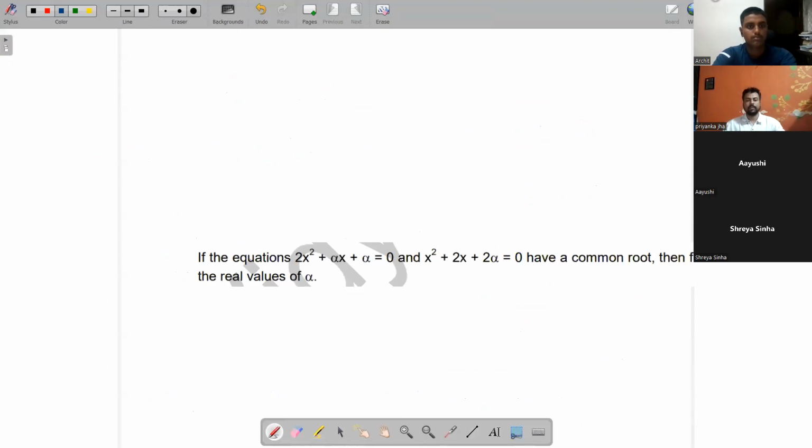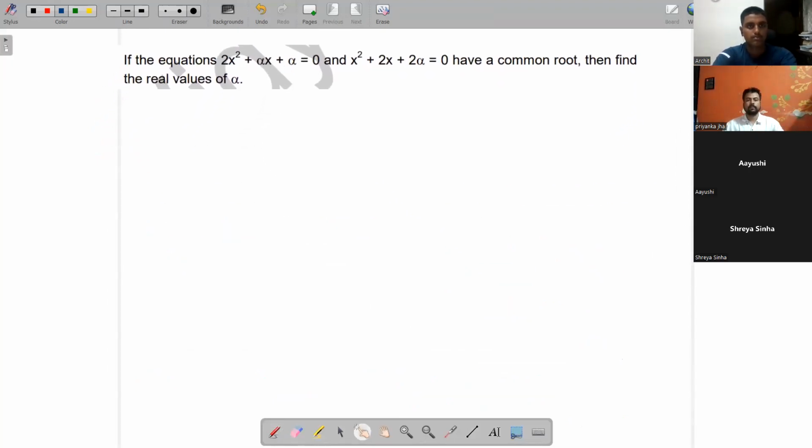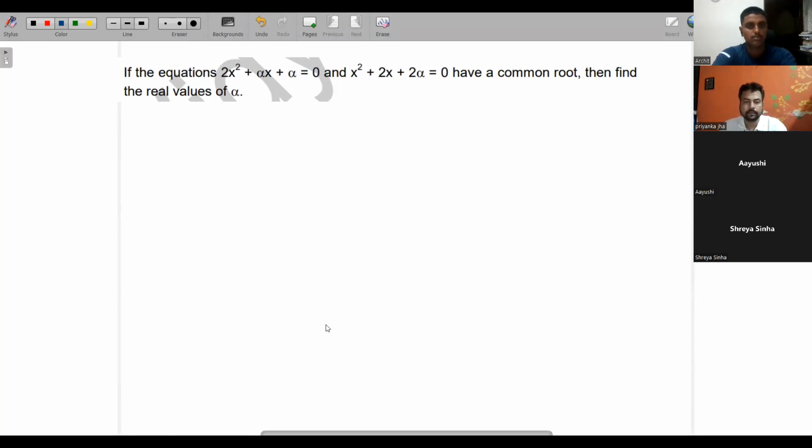Now question for you guys. Solve this. You have to solve it. Sir, could you please drag the picture a little down?